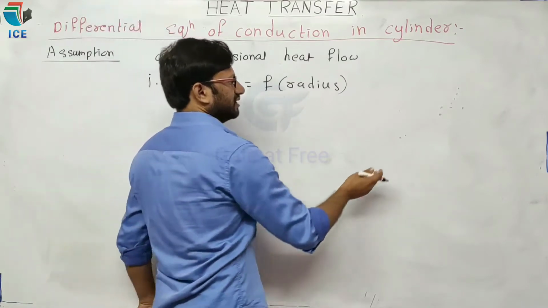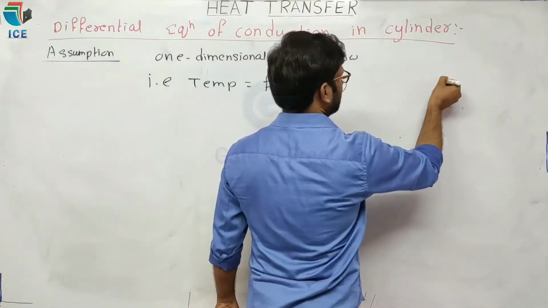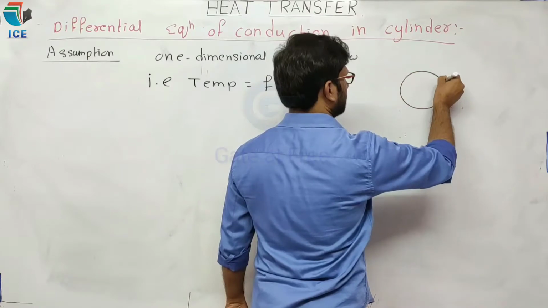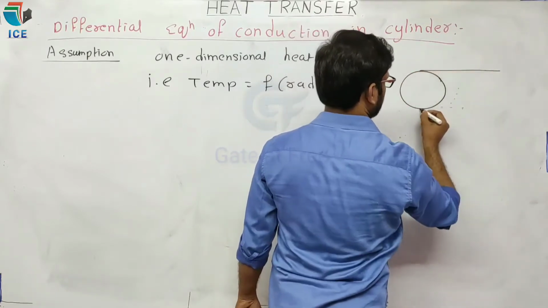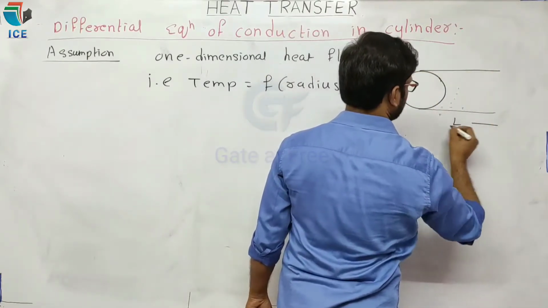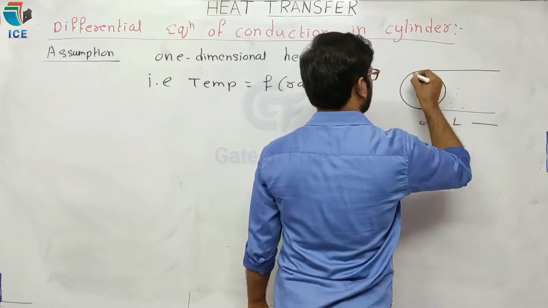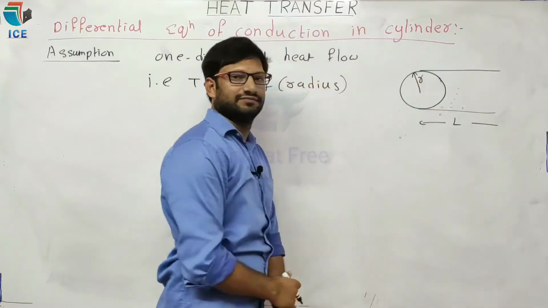Now draw a simple diagram of a cylinder. It has a length and a radius r.